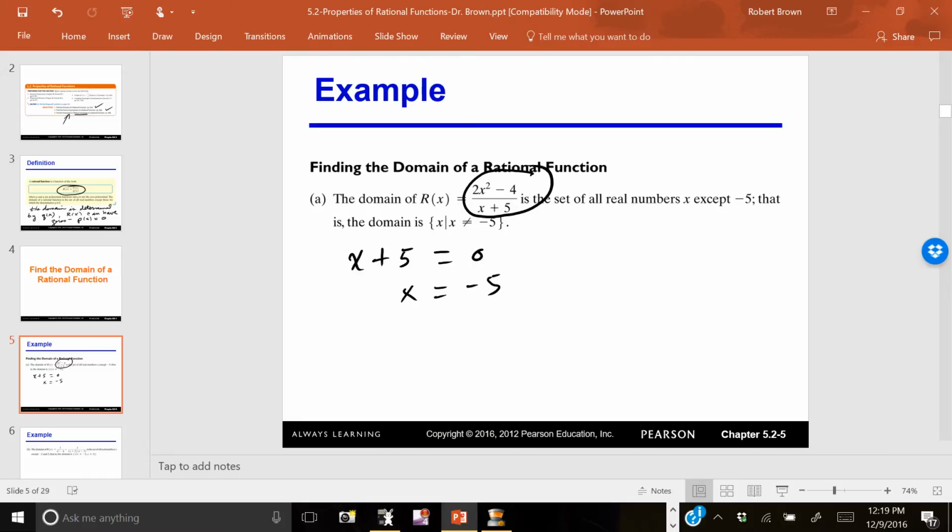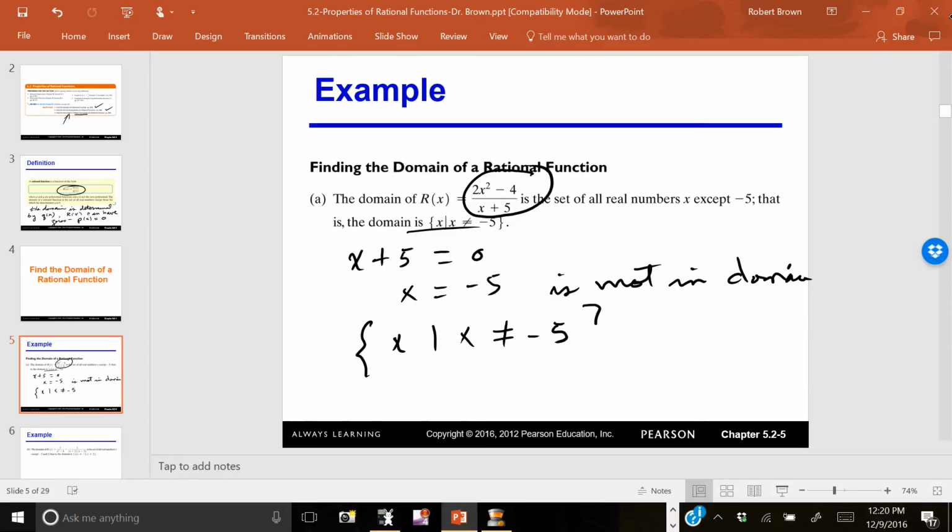So minus 5 is not in the domain. So the way you would write it is x not equal to minus 5. This is a formal way you would write it.